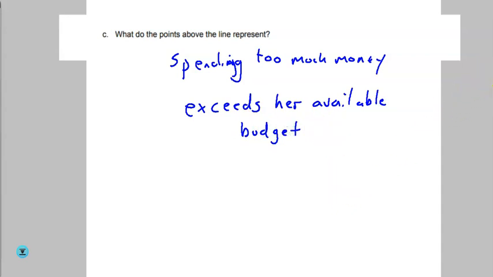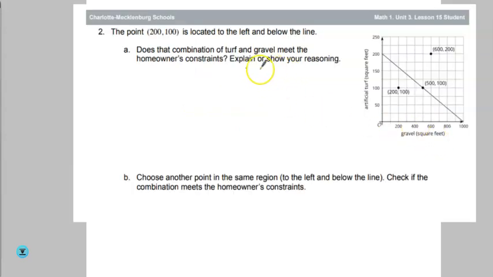All right, so look at number 2, right? This time, you're looking at this point. So same thing, try part A, B, and C for that question. Hopefully you tried that before I did it, but so again, we know it's $3 if she's going to do 200 square feet of gravel.